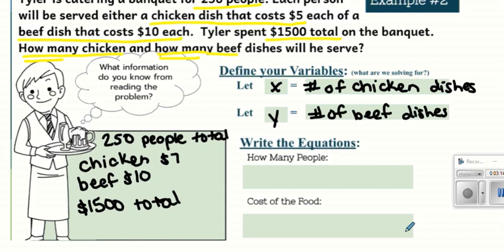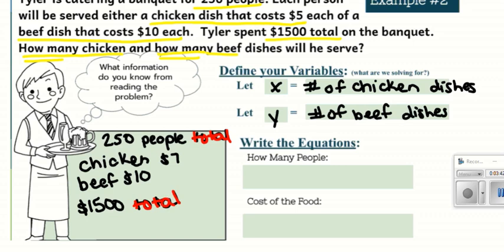Okay, now we get to write our equations. So, looking at our information about the totals, I have two totals in this problem. I have the total amount of people and I have the total amount of money or the cost.